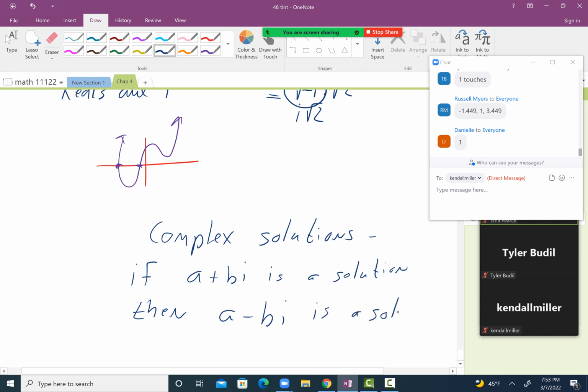Now, what does that exactly mean? We got a and b, and what are we talking about?